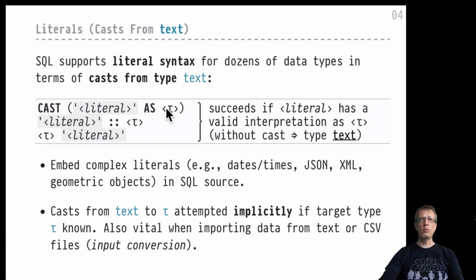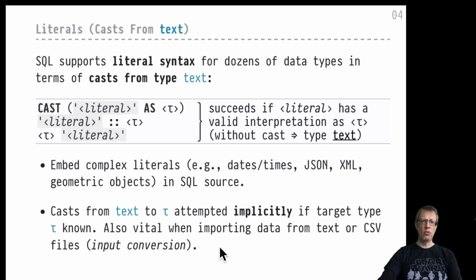All right. And this is SQL's way to really embed complex literals of a myriad of types inside SQL sources. So dates and times, we've already seen that they have a natural string representation, but more complex values and their types like JSON or XML or different geometric objects, they all have possible literal representations as text. And PostgreSQL and SQL will do its best to perform the desired casting from these literal textual representations to target data types.